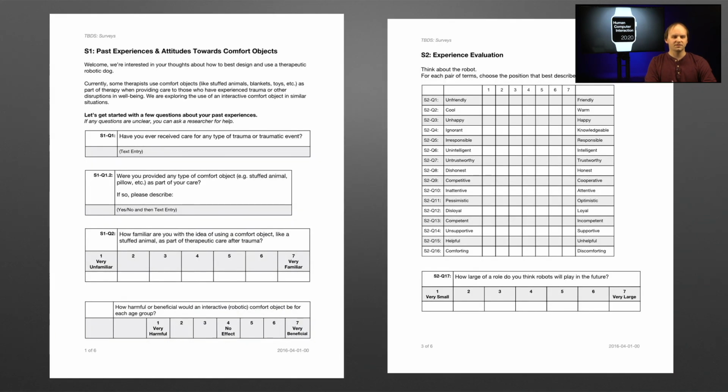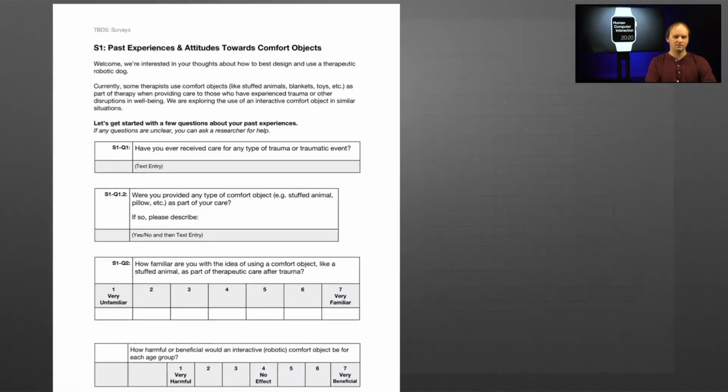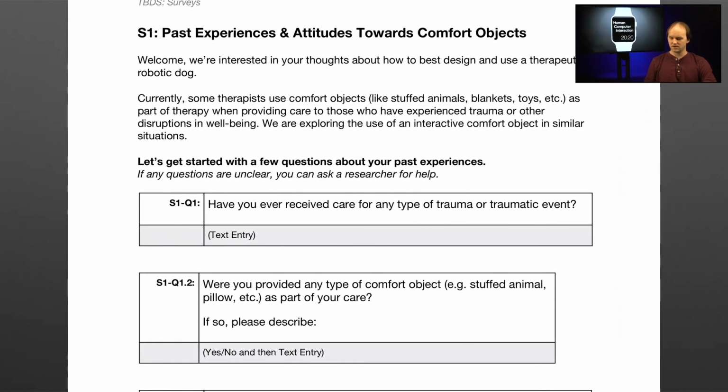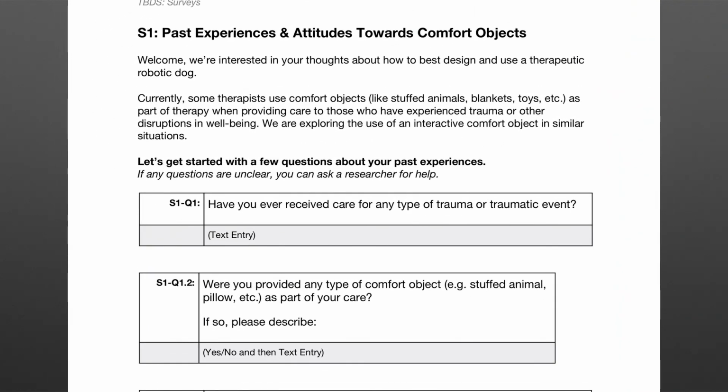So here's a couple more examples. Let me pull in on one of these a little bit closer. This is one that we used in our lab for a study. These are some open-ended questions from when we were doing a study with people about using a therapy robot. Some things we were interested in: have they ever received care for a traumatic event?